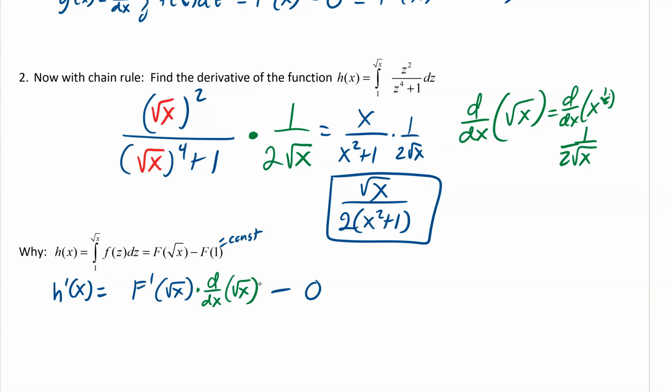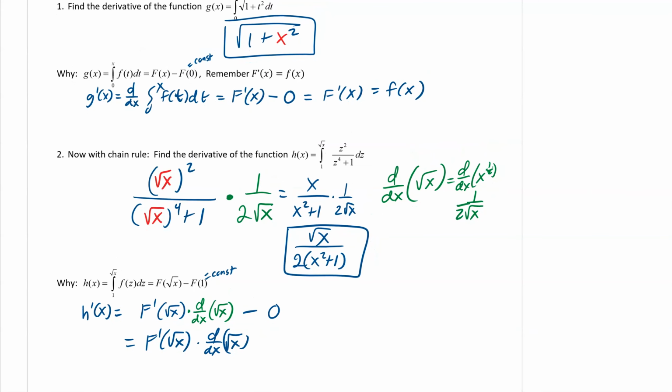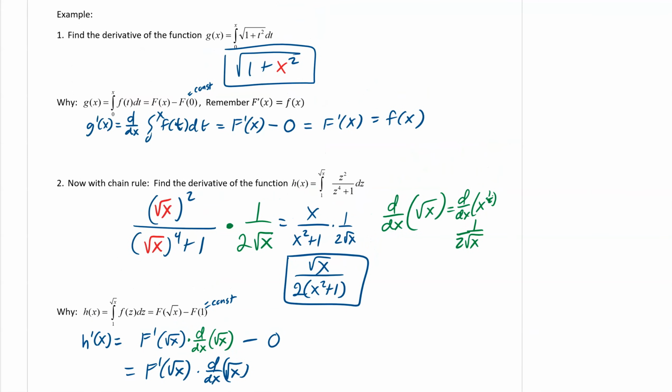So again, that would be 0. So you end up with F prime of radical x times d/dx of radical x. So if you're taking the derivative with respect to just plain old x, you plug it in. If you're taking the derivative with respect to x and you have a radical x up here, well, then you plug it in just like before, but you do have to take the derivative of whatever you plugged in, just like this.